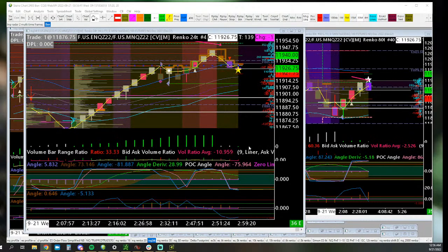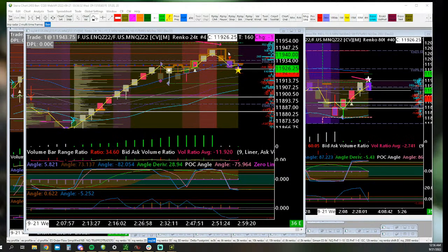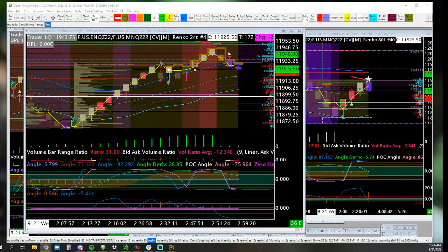And if I'm wrong about that and it turns around right here, then I probably shouldn't be taking the trade, because maybe 50% of the time it just doesn't even work. The reason for that is bulls appear to be trying to take control, and they trapped the bears down here, right?